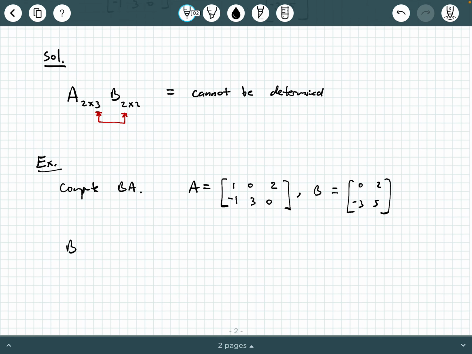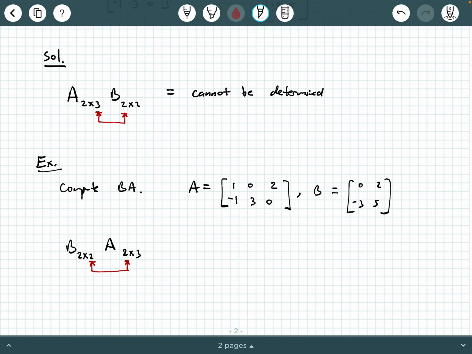B is a 2 by 2 times A, which is a 2 by 3. We can do this. Look, why? Because the number of columns in B equals the number of rows in A. And again, the rule is the number of columns in the left matrix must be equal to the number of rows in the right matrix in order for you to perform the multiplication.